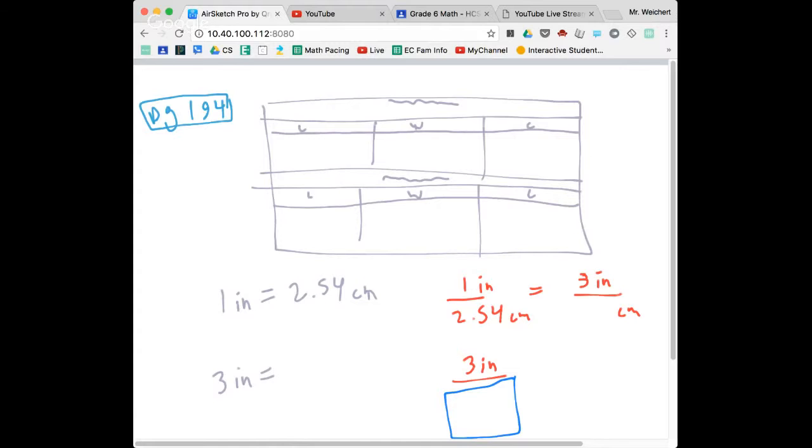If I put an equal sign here, this should look very familiar because this is a proportion. We are saying these two ratios are equivalent. We just have to find out what would go here to make them equivalent. How do we go from 1 something to 3 somethings? Well, if we want 3 of these ones, then we need to what?